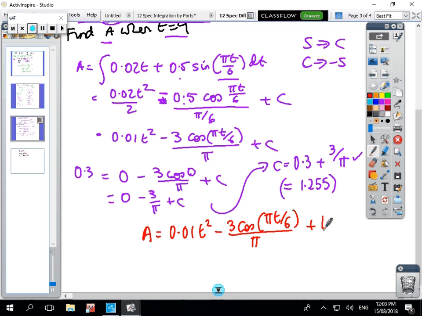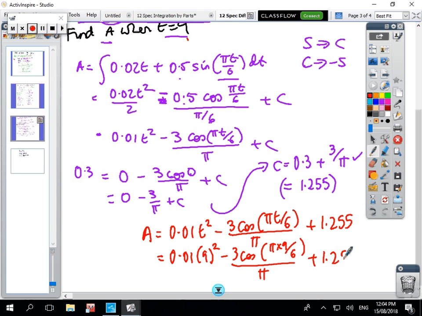Plus 1.255, and it's your formula, and then t equals 9 up the top. 0.01 times 9 squared minus 3 cos pi times 9 over 6 over pi plus 1.255.